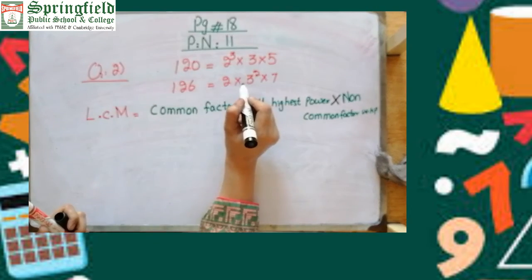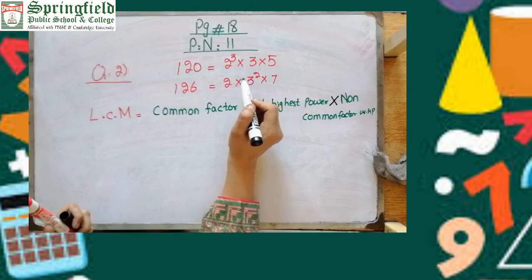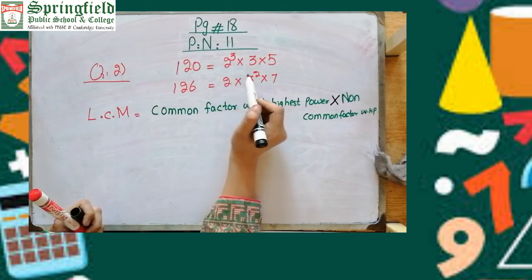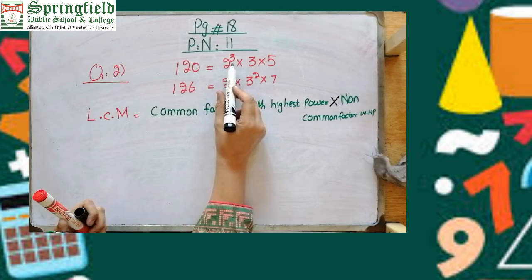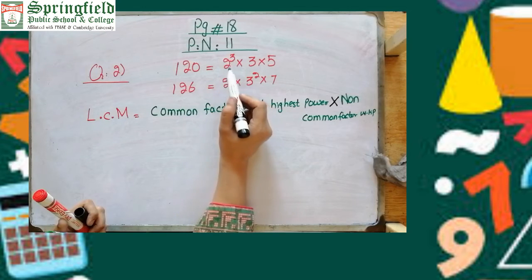First we will make pairs of common factors. Suppose 2 is common here, 2 and 2, it means 2 is common. And there is 2 power 1 and 2 power 3. Which is the highest power, 1 or 3? 3.